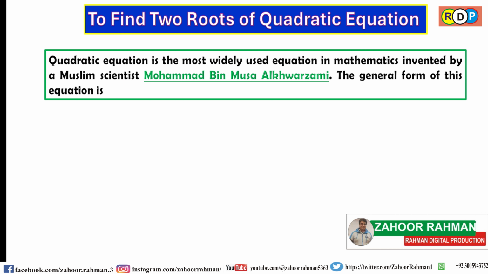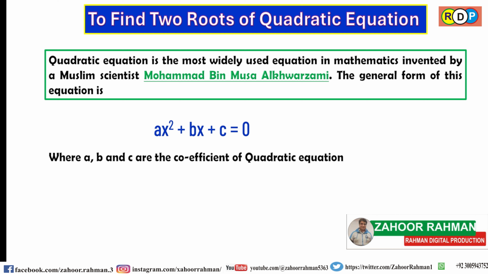The general form of this equation is ax square plus bx plus c is equal to 0, where a, b, and c are called the coefficients of the quadratic equation. Remember that this is not called the quadratic formula.